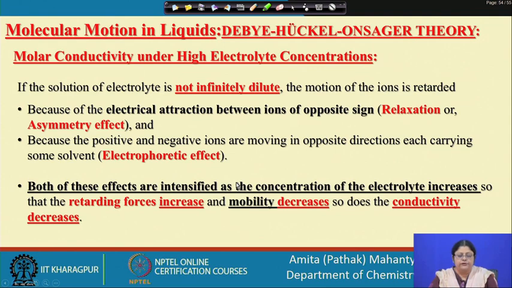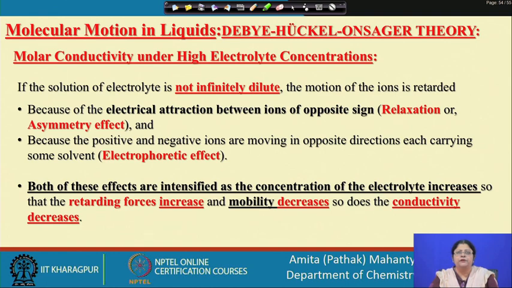If the solution is not dilute, then the motions of the ions are retarded. There is the electrical attraction between opposite signs, the relaxation or asymmetry effect, and also the positive and negative charges moving in opposite directions can carry some solvent, that is the electrophoretic effect.